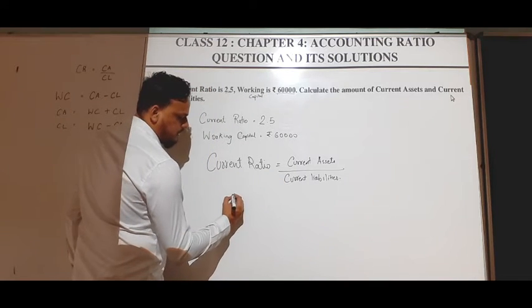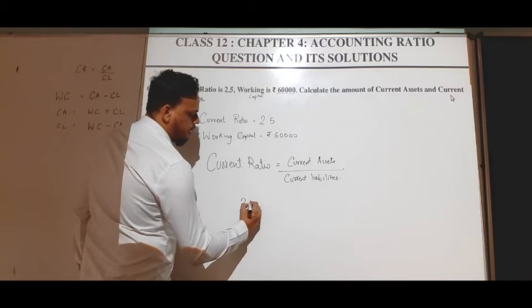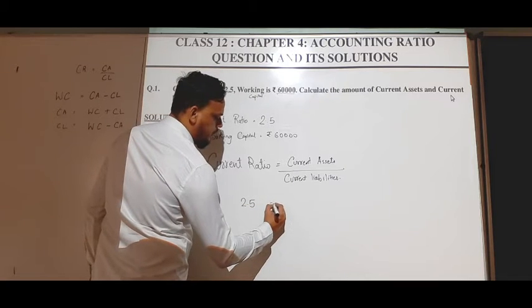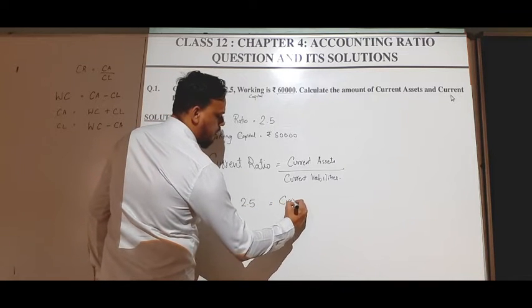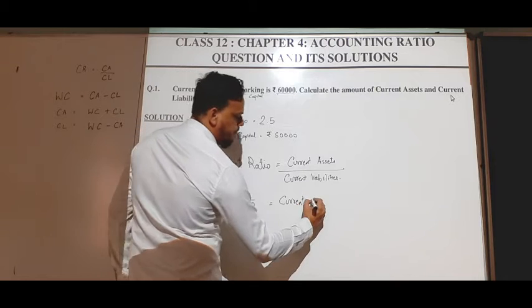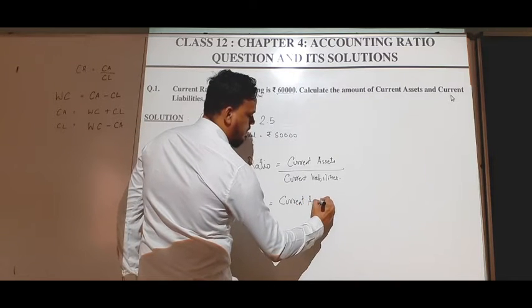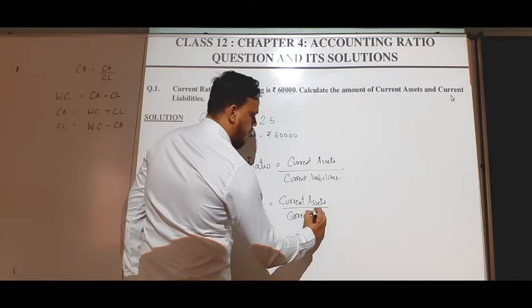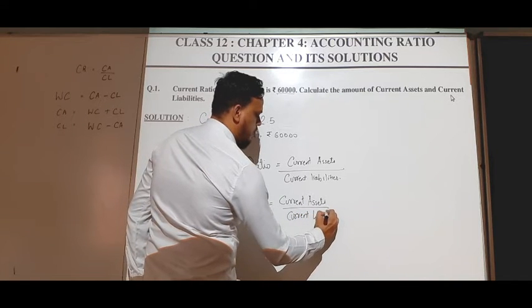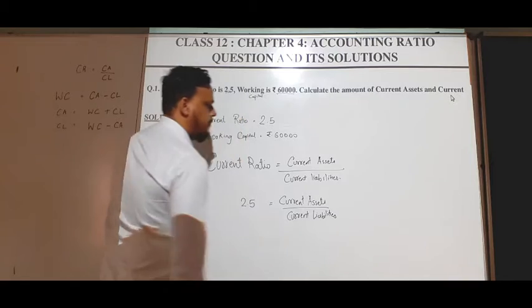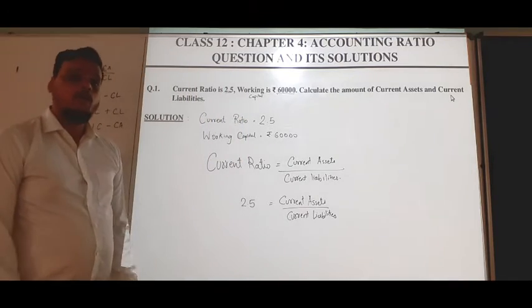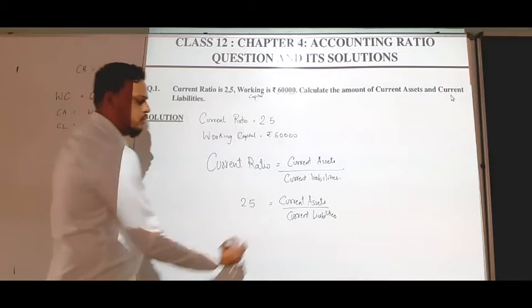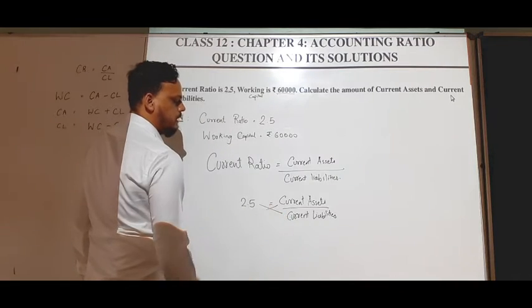Here it has been said that 2.5 is equal to current assets upon current liabilities. What we can do here is cross multiplication.